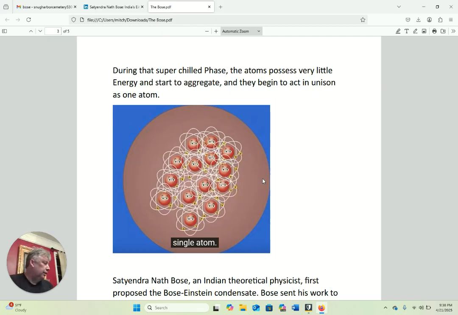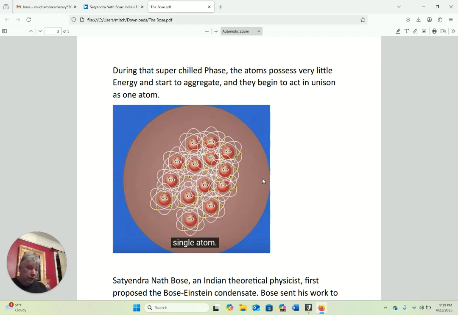One thing scientists found is that this works with quantum entanglement, which we talked about in another video. And quantum entanglement works with quantum computing. It also improves MRIs, and it works with improving navigation.